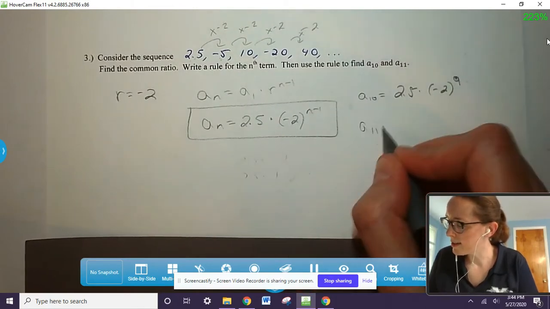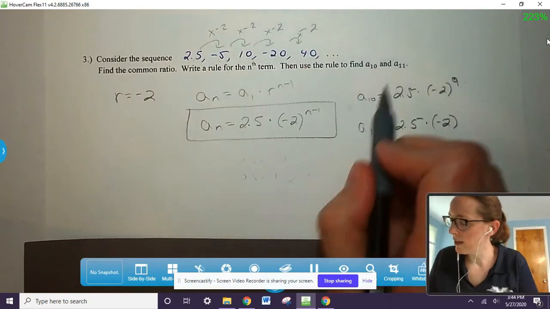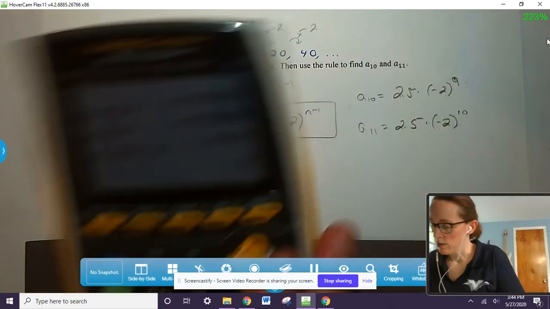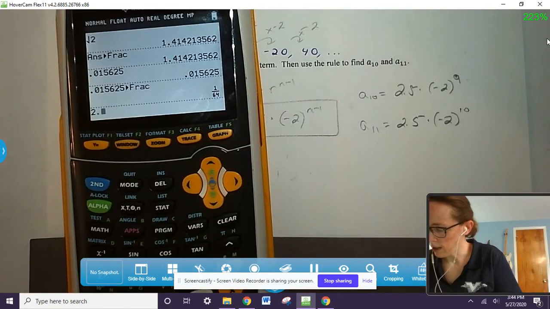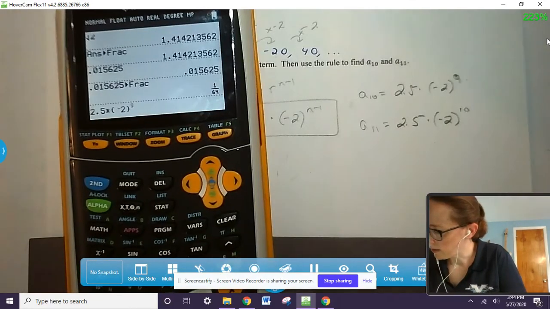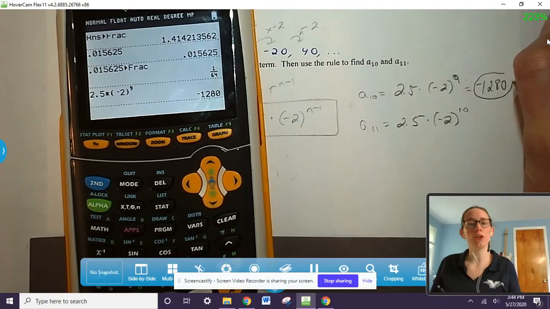And I'm going to go ahead and get set up because when we go to our calculator, when we want to plug in 11, 11 minus 1 is going to become 10. So 2.5 times parentheses -2 to the 9th. And that gives us -1,280 for the 10th term.